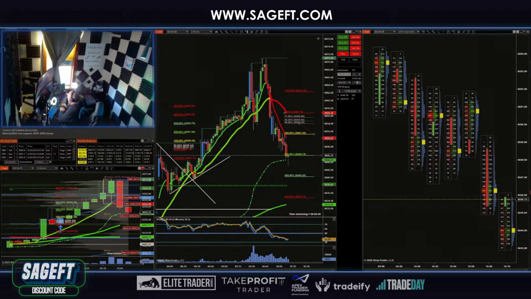Okay, expecting it to stick right here, either stick and then push through or stick and jump at the VWAP, first touch VWAP.